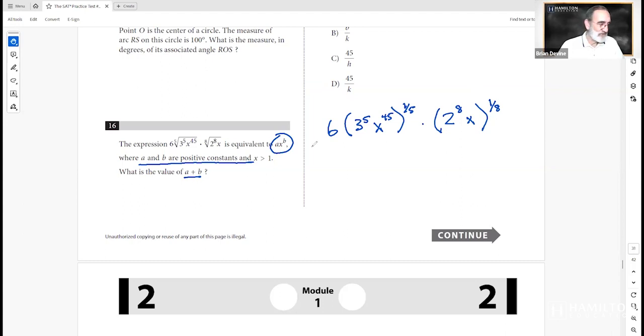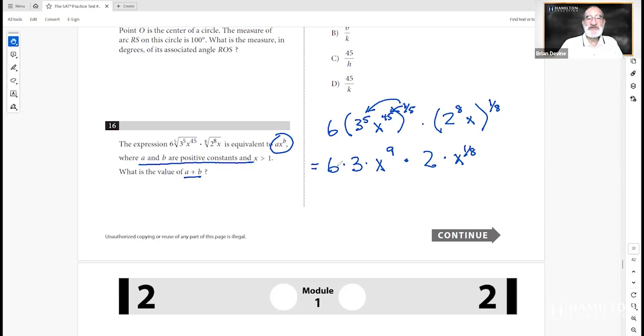Now the power rule from exponents says I can apply that power as a product to the exponents inside. So this becomes 6 times 3 times x to the 9th, the first term, and that's times 2 to the 8th to the 1/8 power, which would be 2, and x to the 1/8.